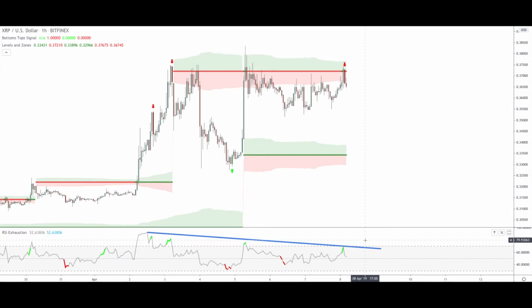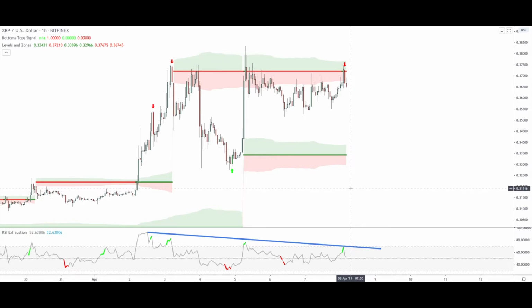So we have divergence here because the price is at the same level of the previous price here and the previous price here, especially the previous top here, but the RSI is much lower. You see the RSI at this top here was about 81, and now the RSI is much lower. Right now it's 51, but the previous candle was around 65.